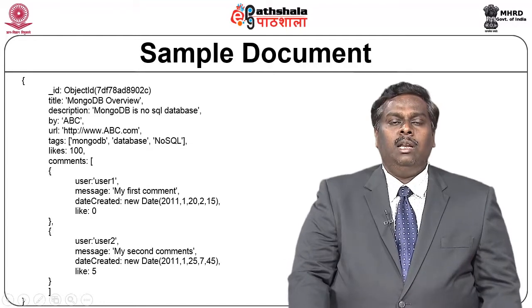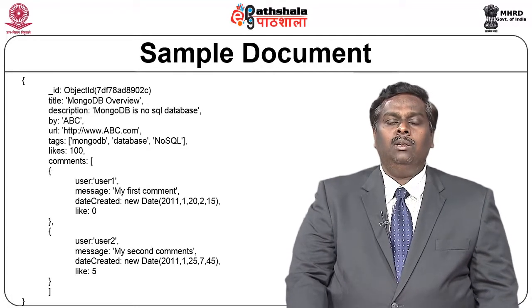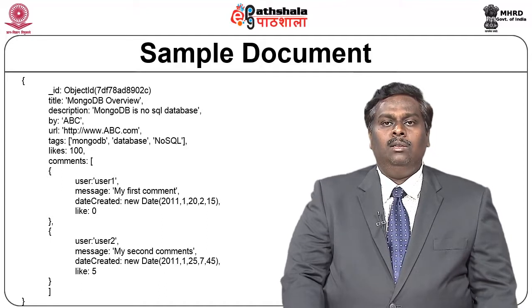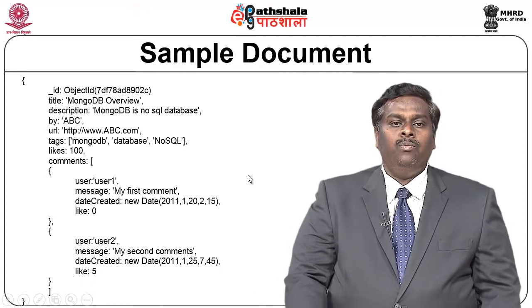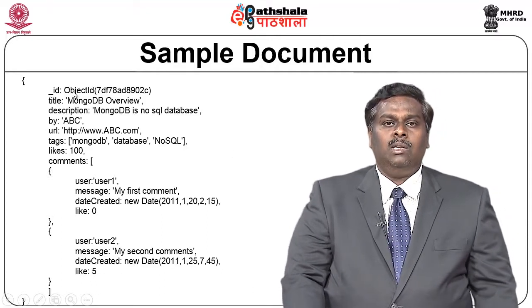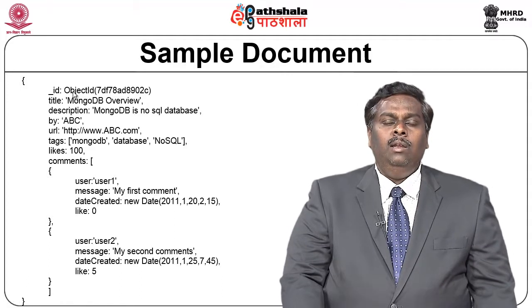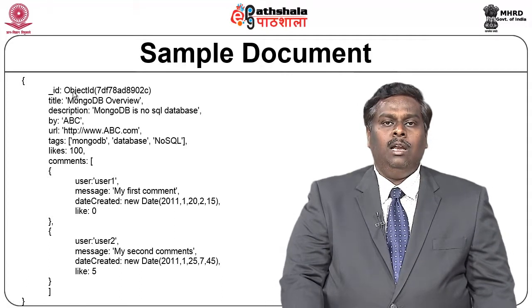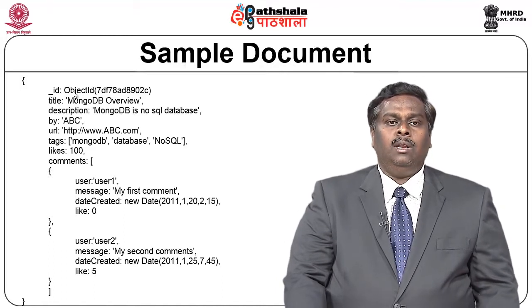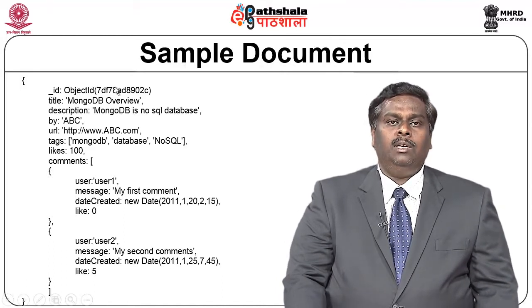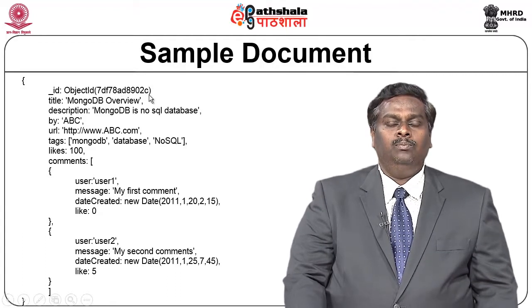Now, let us take a look at a sample document, how this sample document is seen from a MongoDB perspective. When you take a look at this document, you find every document is associated with an ID. By default, an ID is assigned in MongoDB, or if a user provides an object ID, then a separate object ID which is given by the user is assigned to the document.